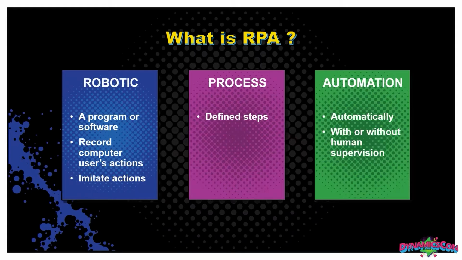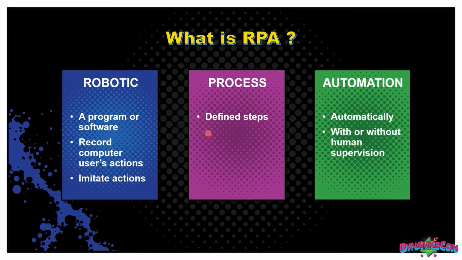What is RPA basically? An RPA bot is simply a program or software that can record user actions from the user interface and repeat them. The only thing is those processes need to be defined.